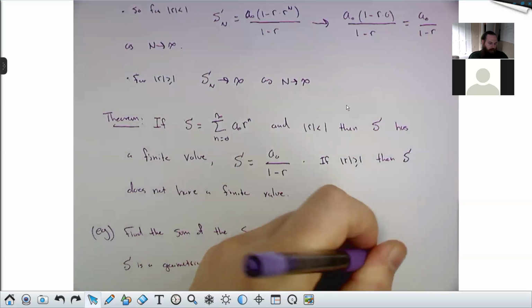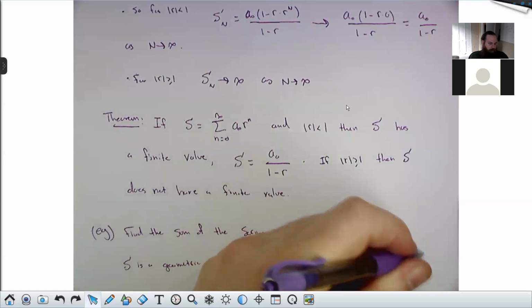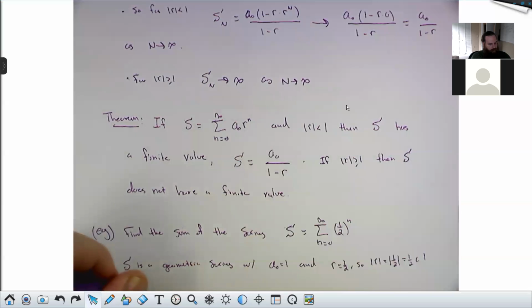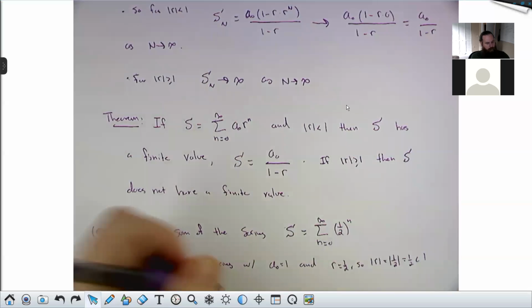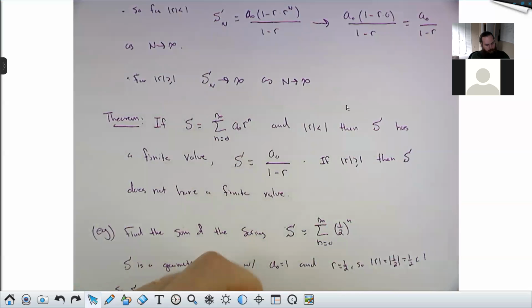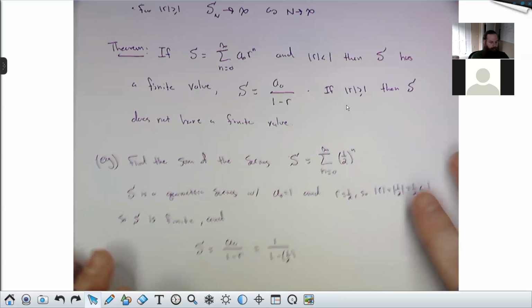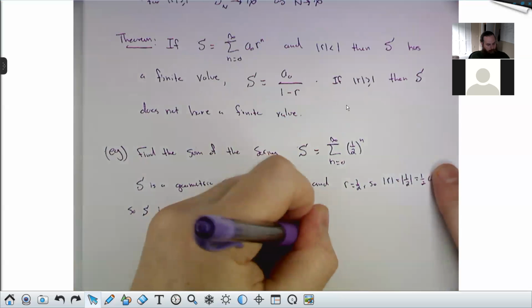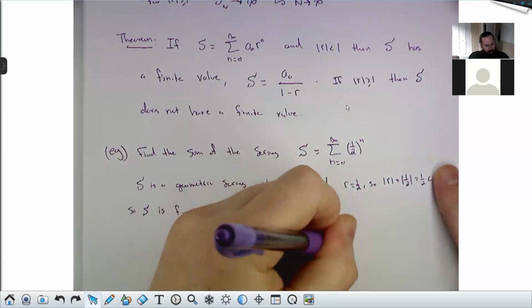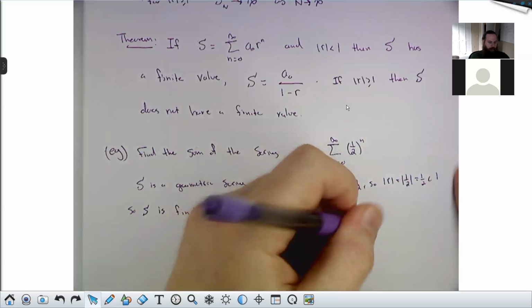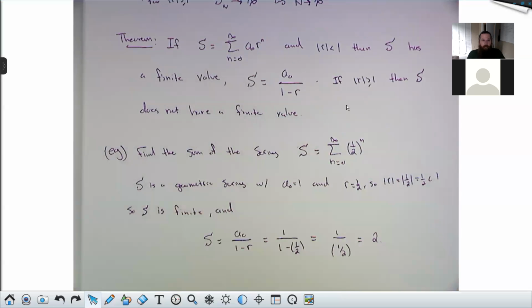So the absolute value of r is 1/2, which is less than 1. So S is finite, and S is equal to a naught over 1 minus r, which is 1 over 1 minus 1/2, just using our formula. That's 1 over 1/2, which is 2. And that's what we found last time by playing around, just calculating. But now we have a theorem that works. And this theorem can be used for all sorts of other cool things.